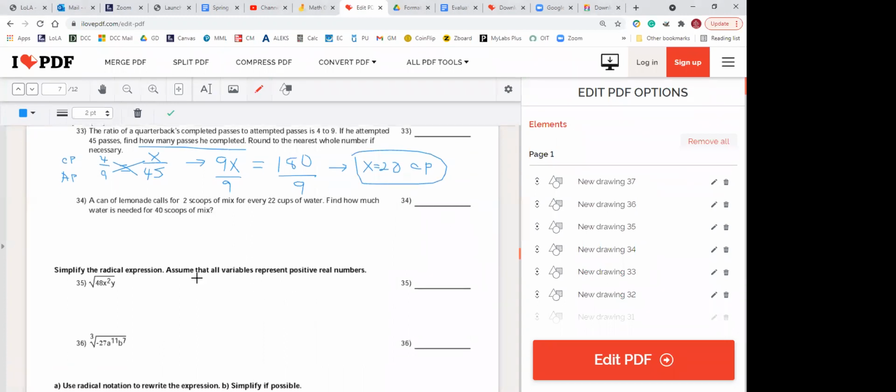All right, so this one deals with making lemonade. I assume this is sort of like you would make a lot of lemonade to sell it somewhere maybe. But it says that a can of lemonade calls for 2 scoops of mix. Let's put here mix over water.